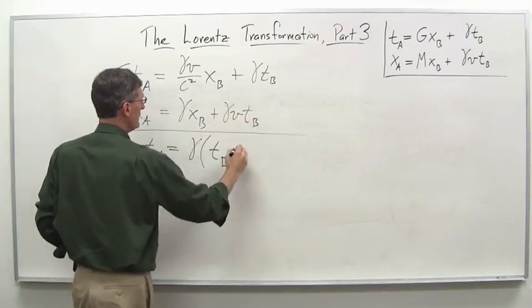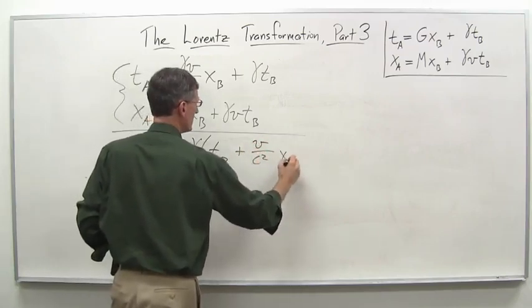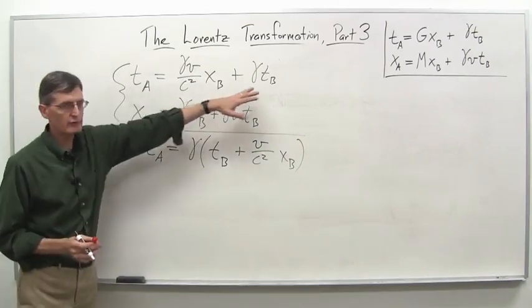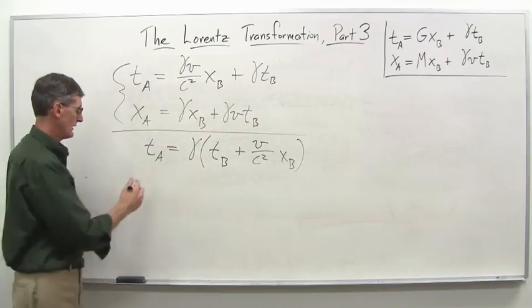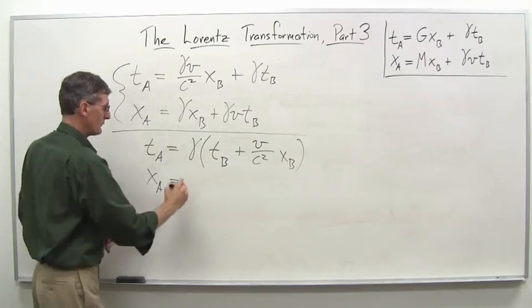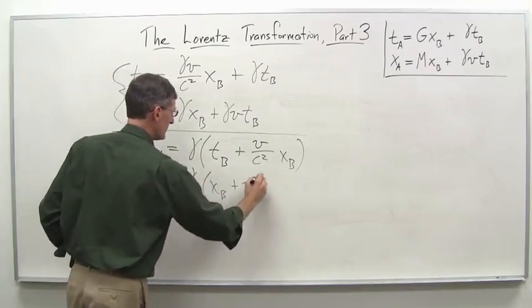TB plus v over c squared XB. Okay, so I flipped the terms. I put the TB term first, and I pulled out the gamma factor. And then XA is, again, I can pull out the gamma here. So gamma times XB plus v TB.